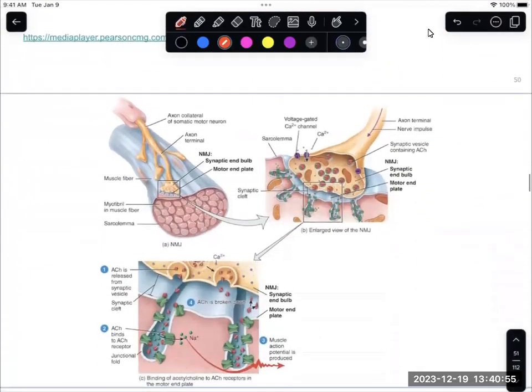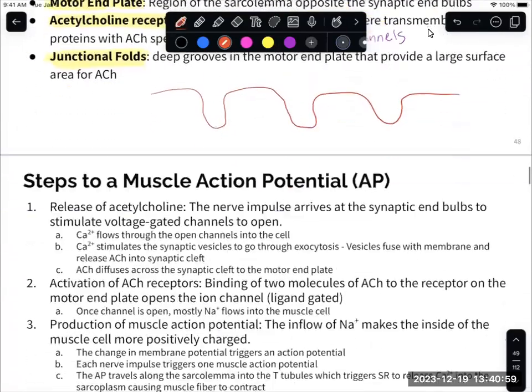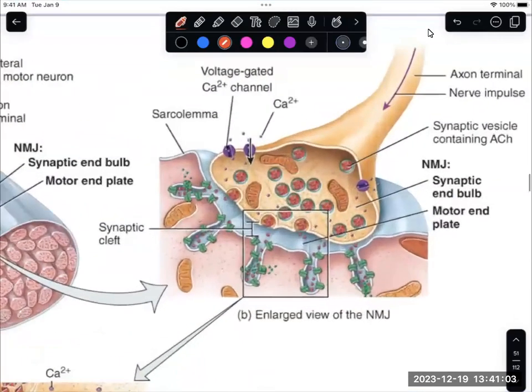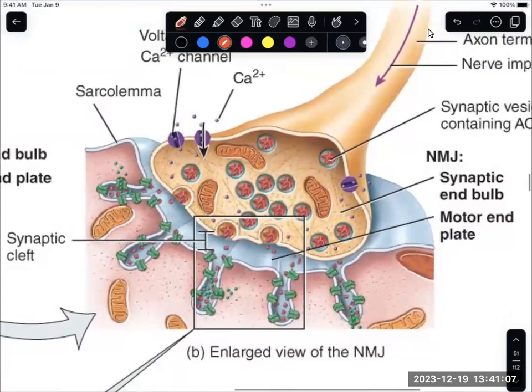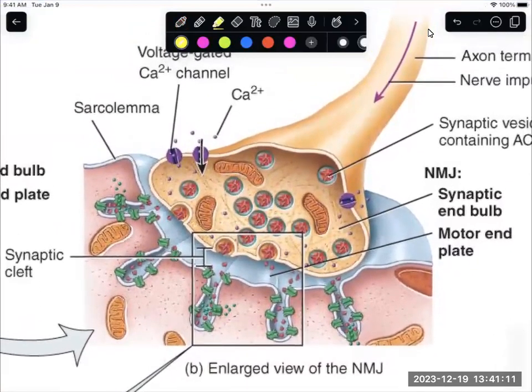So let's go to the picture first. I'm going to explain what happens and then I'll show a video. This is the neuromuscular junction. We have the end of the nerve, which is the synaptic end bulb. And then we have the motor end plate, which is the muscle that is involved.